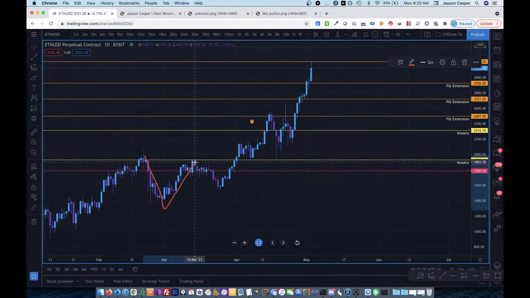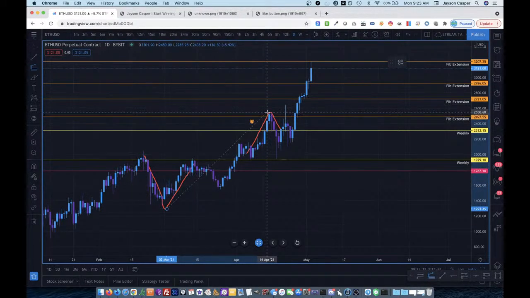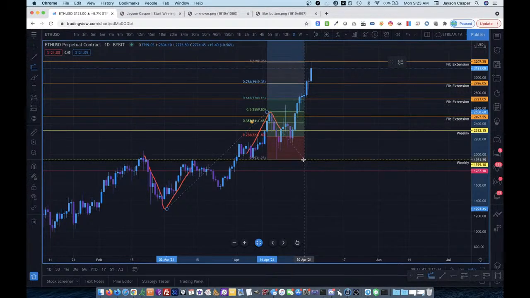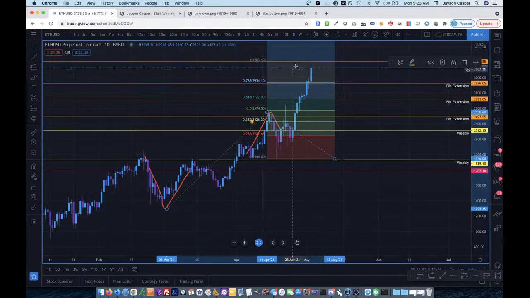You pull your fib to a swing high where you see the triangle shape. If we pull our fib from the swing low to the swing high, we then take it down to the bottom of a retracement, and these are the levels that we get.